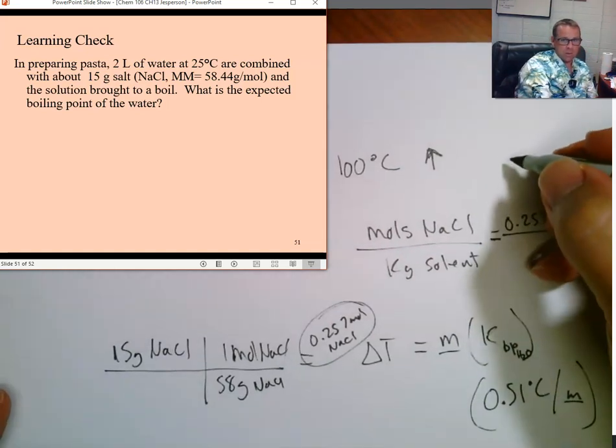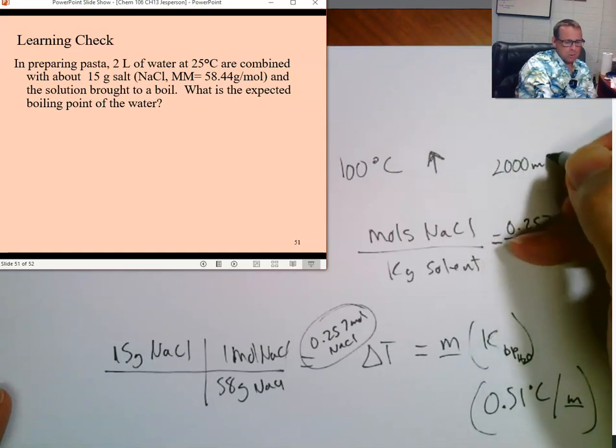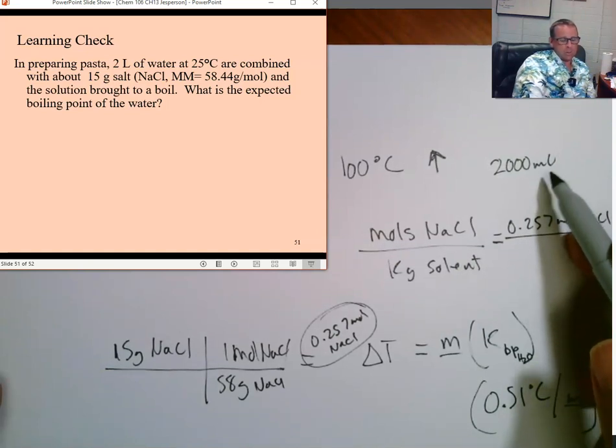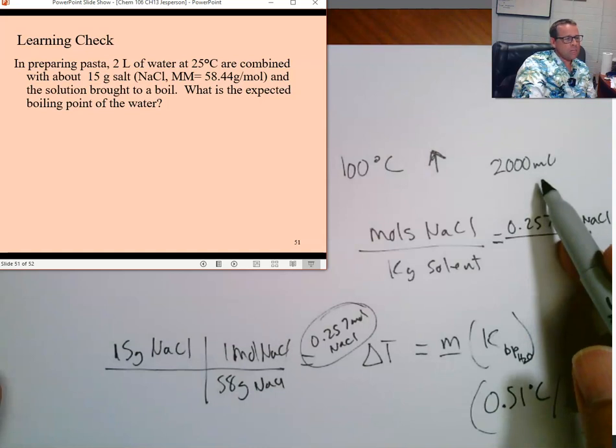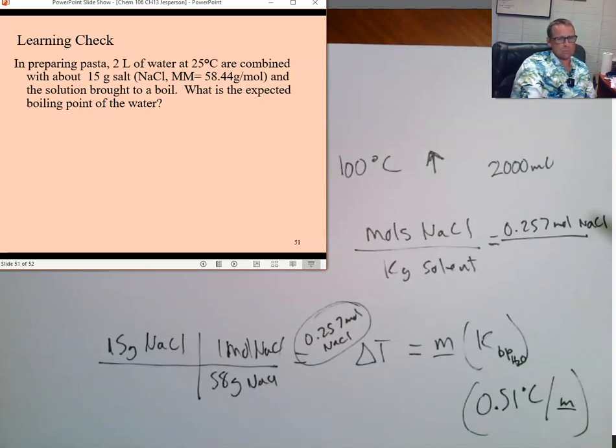Or 2,000, right? 2 liters? Oh, you're right. 2,000 milliliters. Now, they didn't tell us the density of this solution. But what do you think the density is close to, Sarah? Do you remember, did you get to do the lab? Remember putting salt into the water, checking the density of those samples?